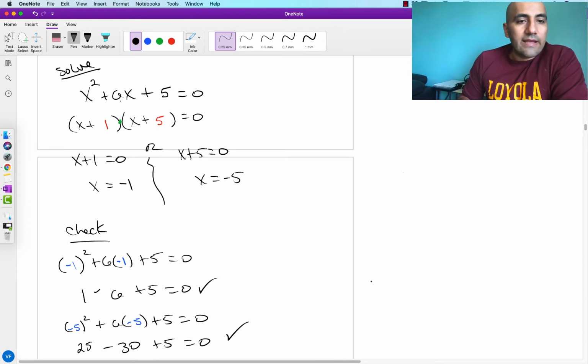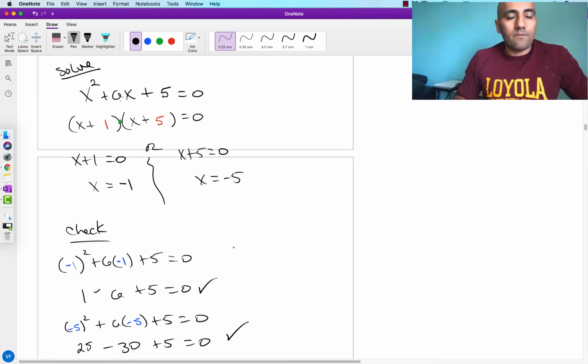Great. So we definitely have the answer. So if we can factor this nicely, that takes advantage of the zero product property, and then we can solve our equation this way.